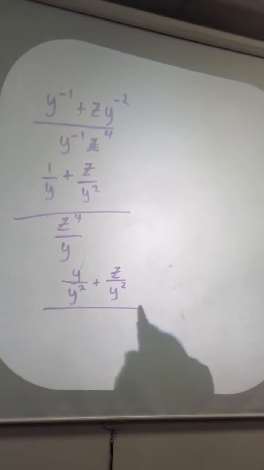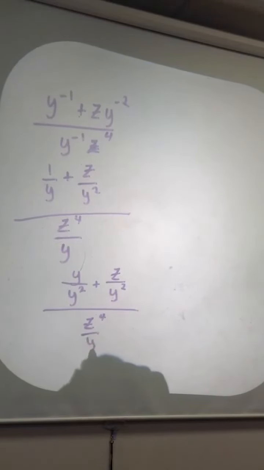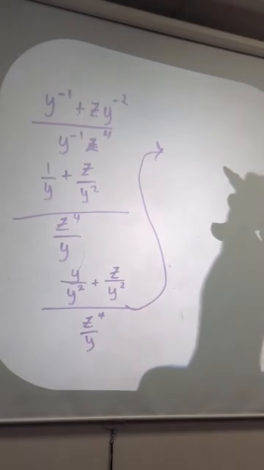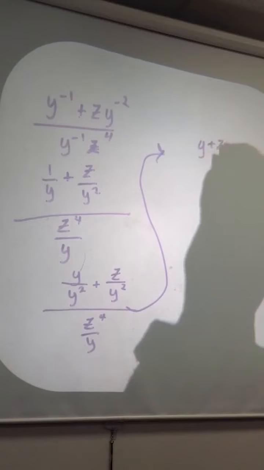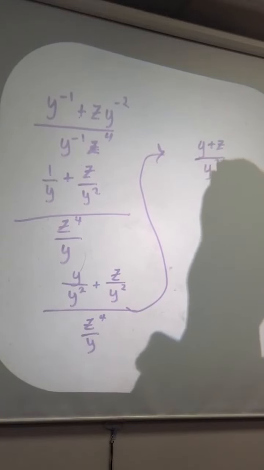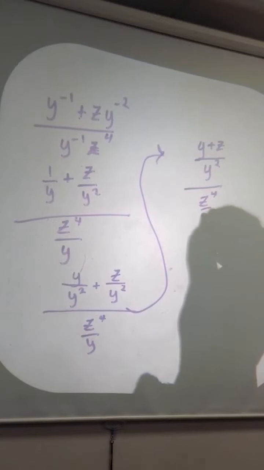Yes, that's right. Z to the 4th over y. So now then, we're going to have what? What's the numerator going to say? Y plus z over y squared, yes. And that's going to be over z to the 4th over y.